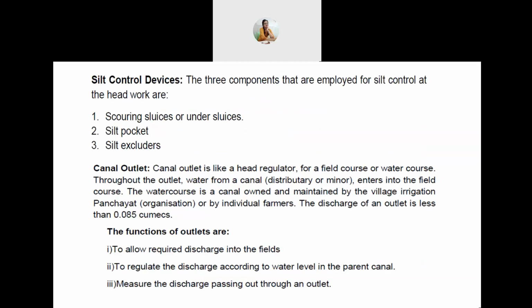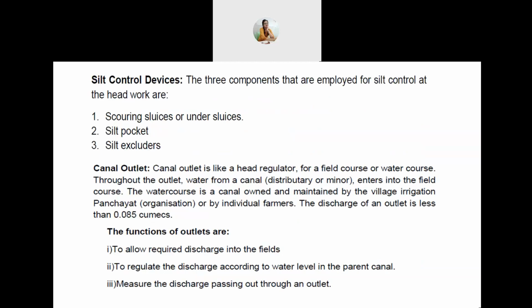Next, silt control devices. The 3 components that are employed for silt control at the headworks are scouring sluices or undersluices, silt pocket, and silt excluders. Next is the canal outlet. A canal outlet is like a head regulator for a field channel or water course. Through the outlet, water from the canal, that is the distributary or minor, enters into the field channel.